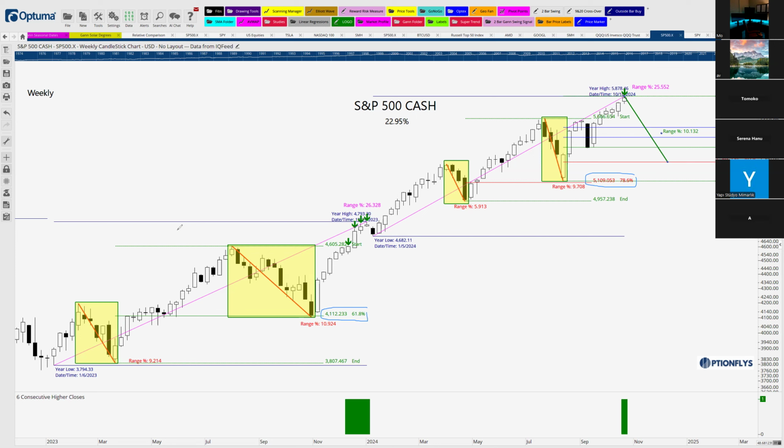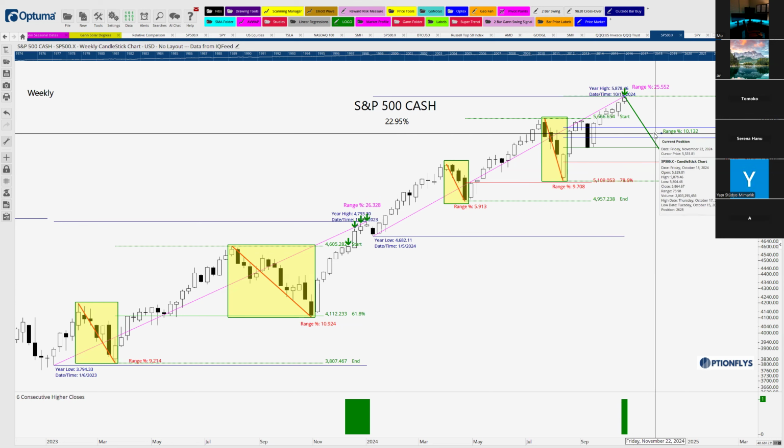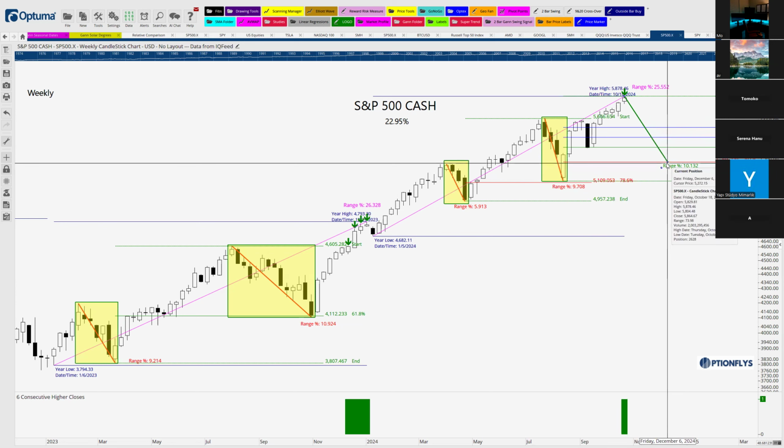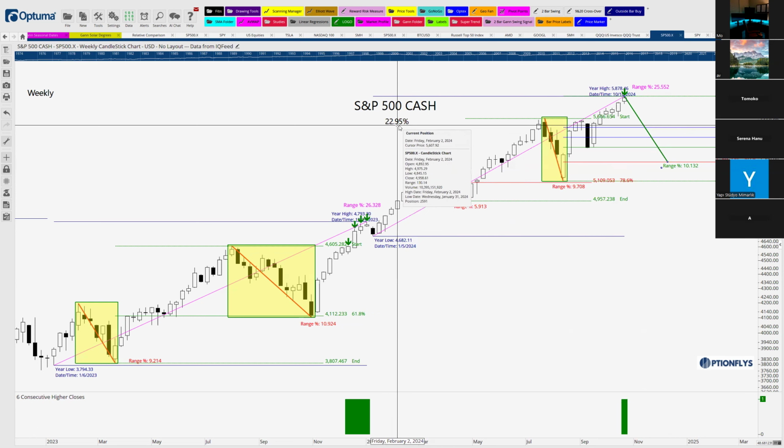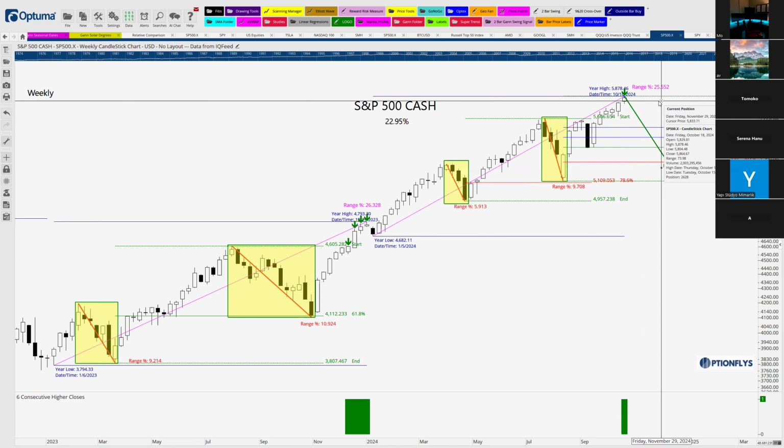This is the range. But can you see that S&P is cutting down in half in the next 2 months?